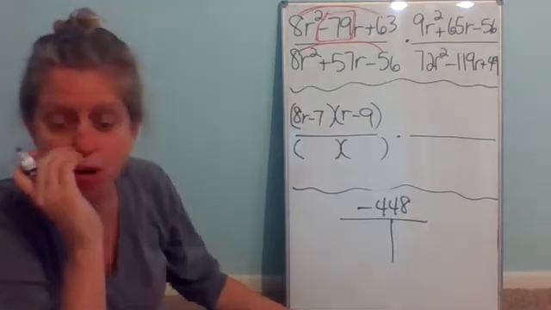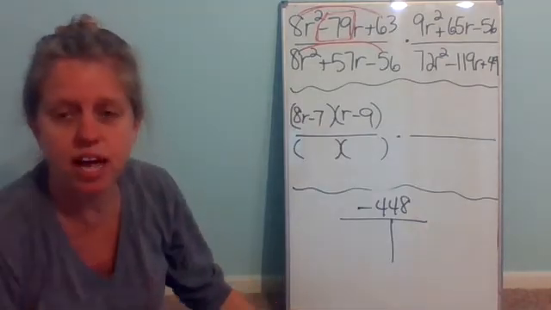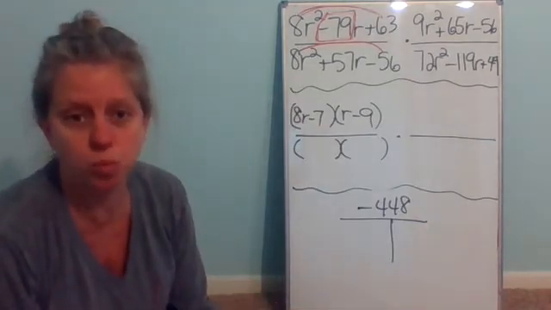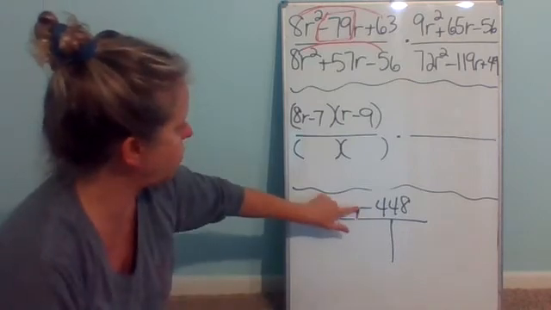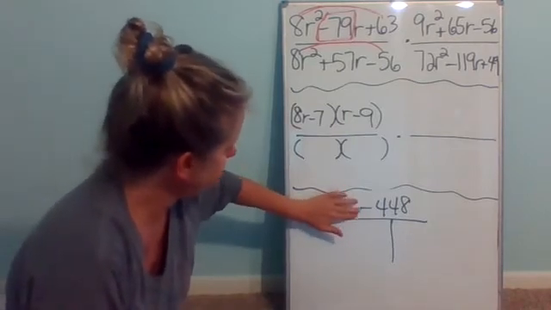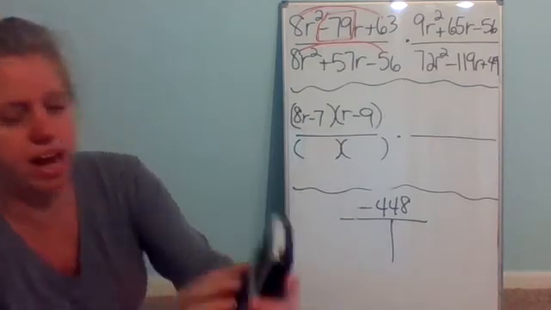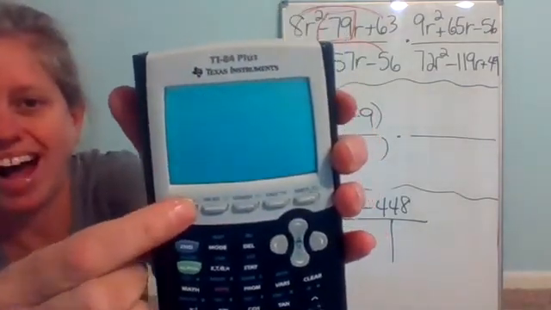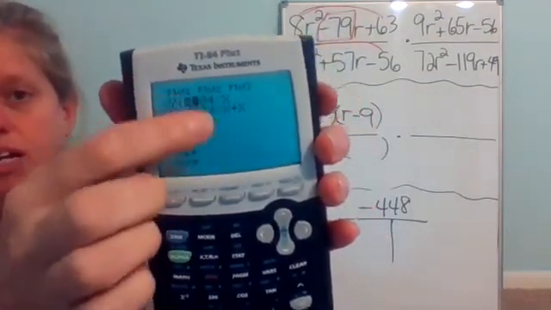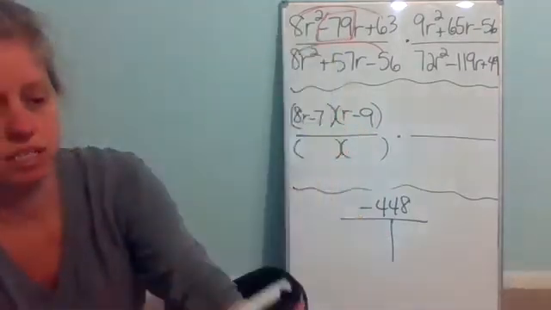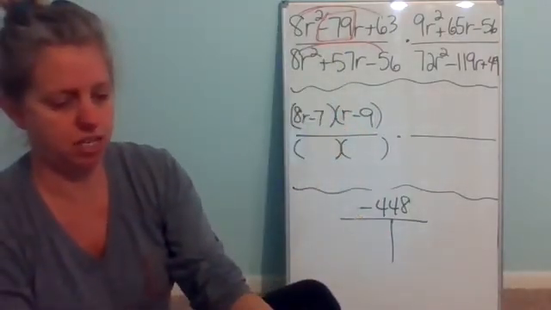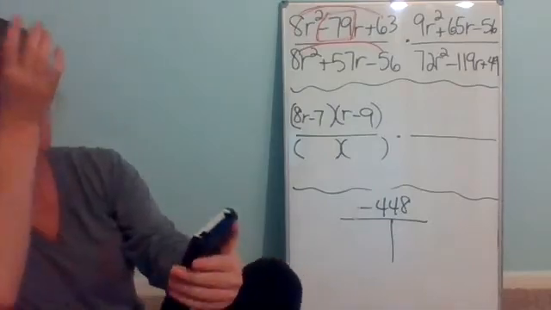Again, it's a big number, but we're just going to make our calculator do all this work. So -448 is what's going where? In your y equals. So go there, clear out your last problem. So clear, go down, clear, go back up.